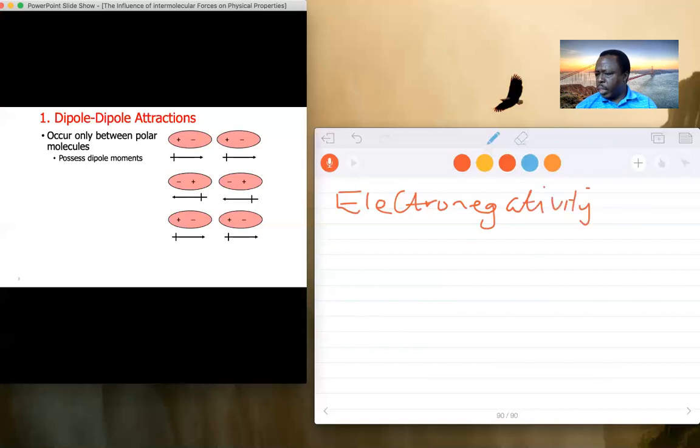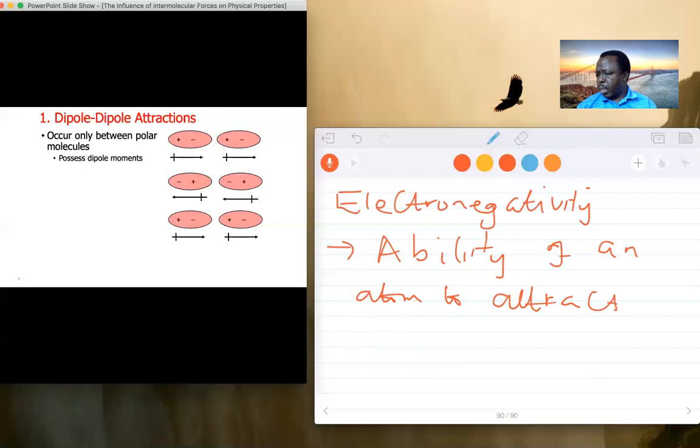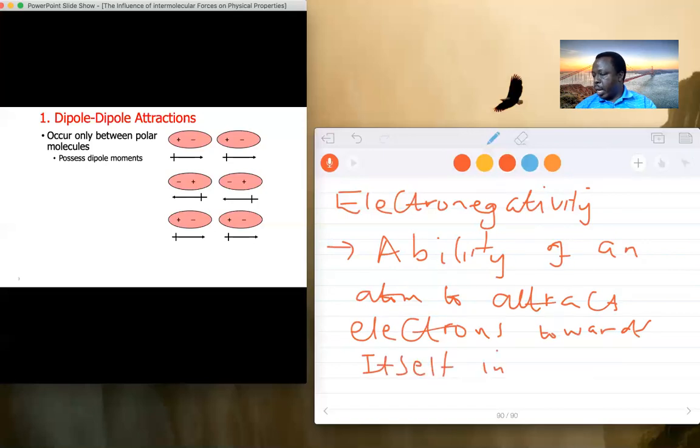Electronegativity is simply the ability of an atom to attract shared electrons towards itself in a covalent bond. Remember, a covalent bond is a bond where valence electrons are shared by atoms in a molecule.